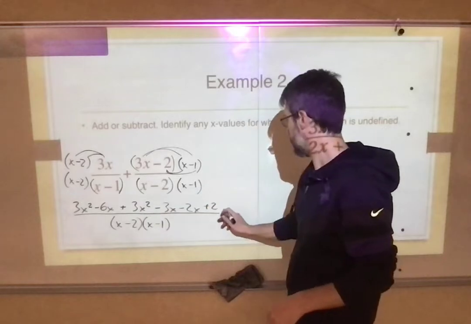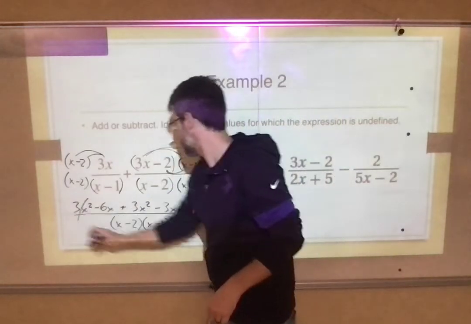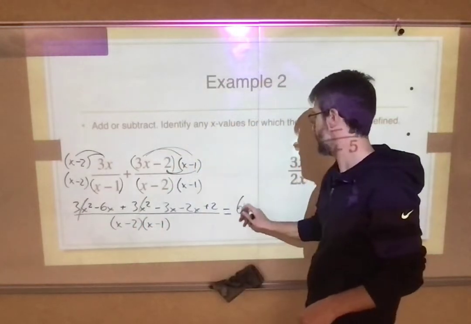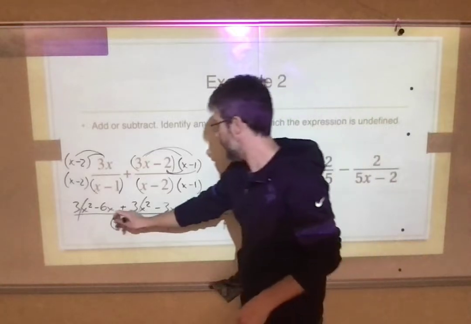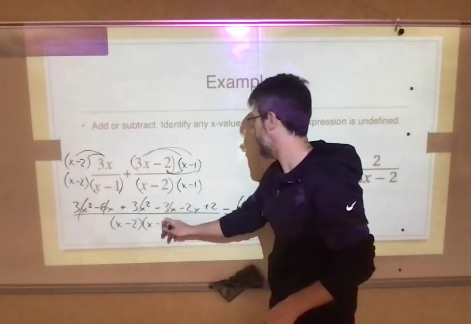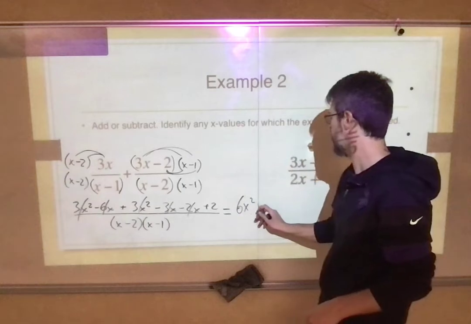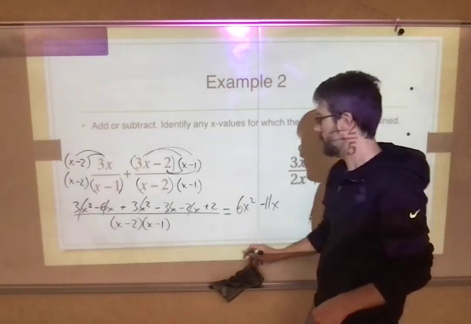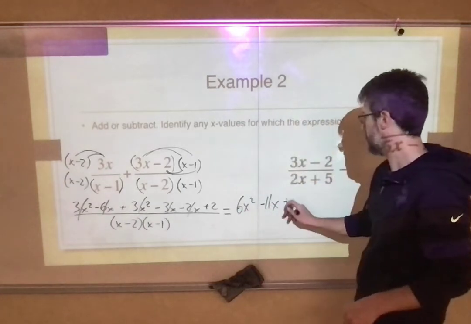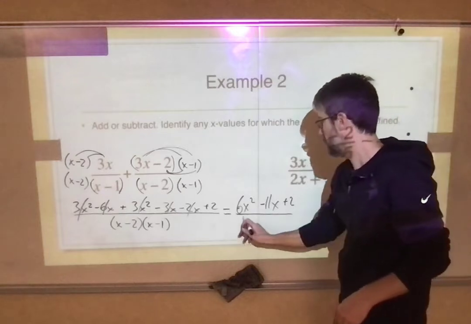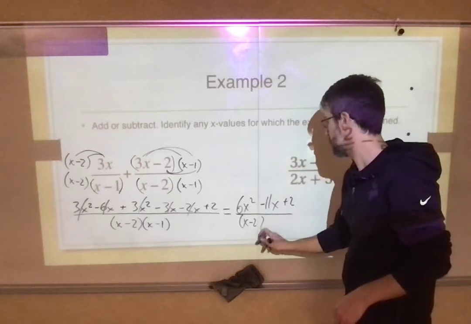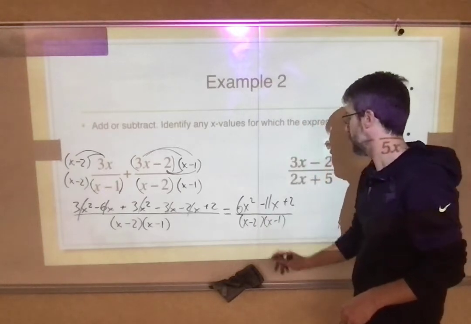All right, so 3x squared and 3x squared makes 6x squared. X's, I've got minus 6, minus 3, minus 2. That makes minus 11. And then for my constant, I just have a 2. All over x minus 2, x minus 1.